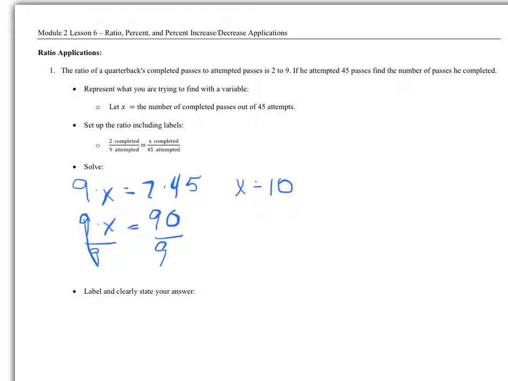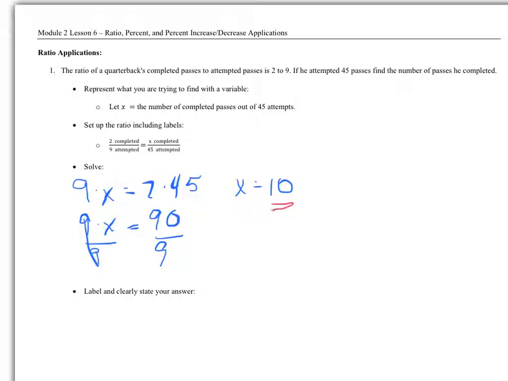Now, one thing to notice here, I should have mentioned this earlier, in our proportion, when we set up those ratios, notice how keeping the units there really makes it easier to see what way to set up your two fractions in the proportion. We have completed over attempted on the left-hand fraction and completed over attempted on the right-hand fraction. Okay, so now the final step in this problem is labeling and stating our answer.